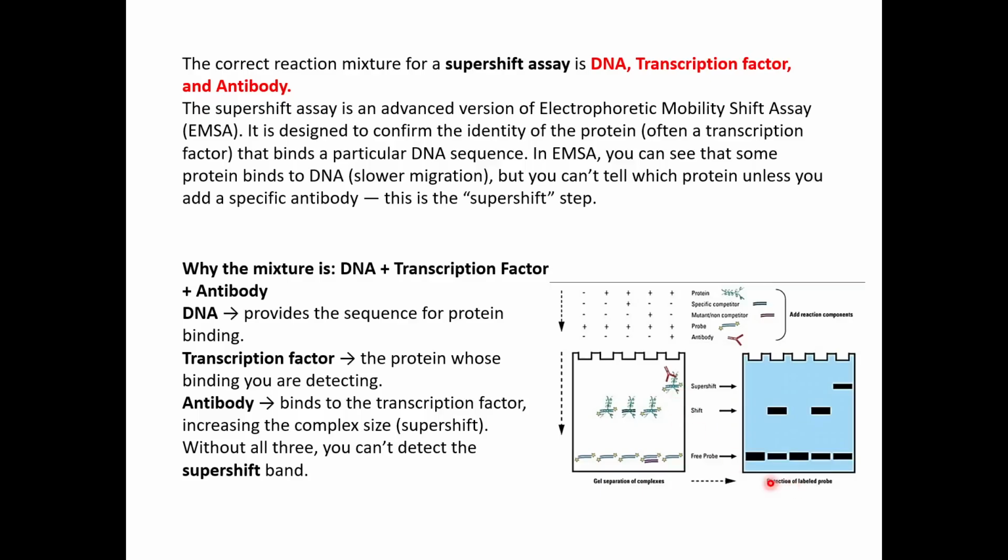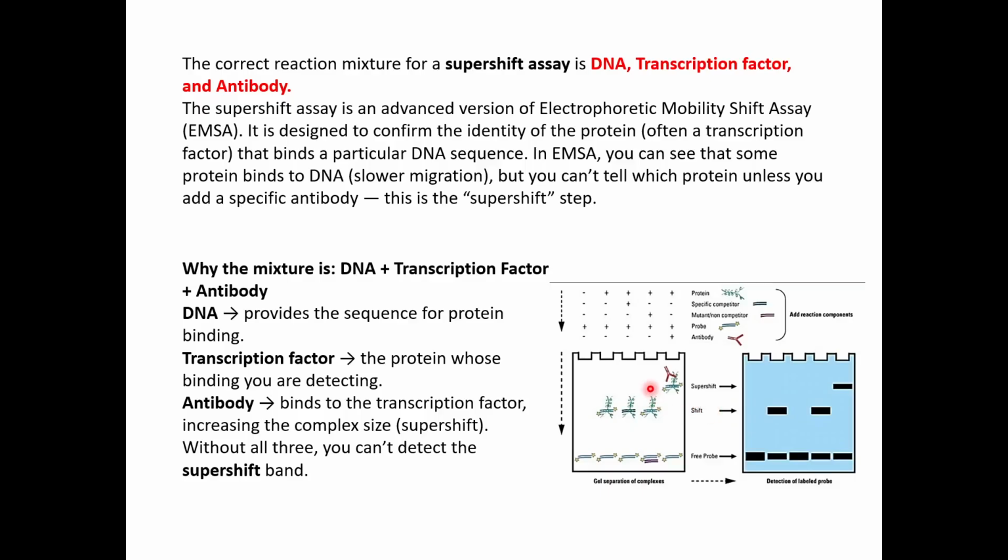Here in the image, this is without any probe, so you have all of them at this front. But here you have your protein of interest and your specific competitor, or your DNA sequence of interest. This is running slower than your DNA sequence alone. The sequence is the same, but now it has bound to a protein. The DNA which is not bound has run much faster than the one bound with the protein. So this is your shift.